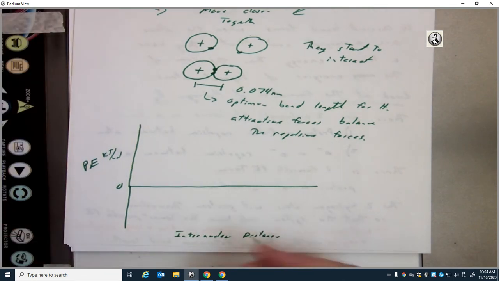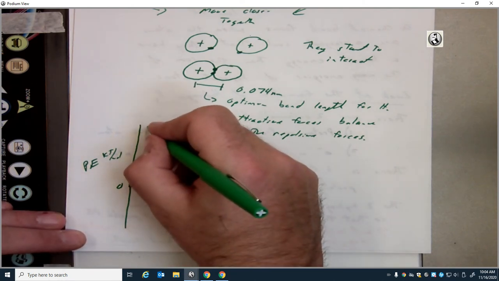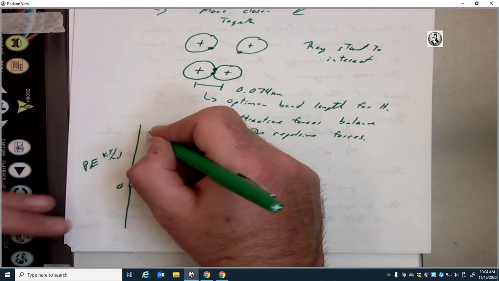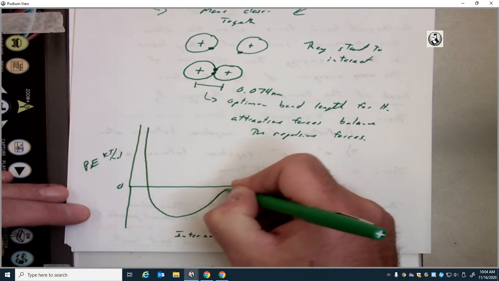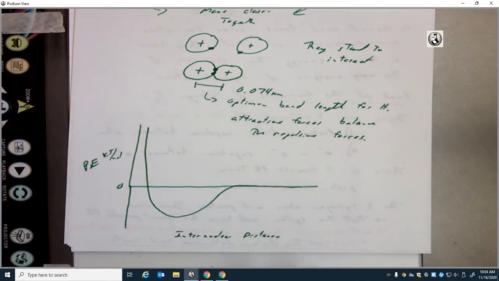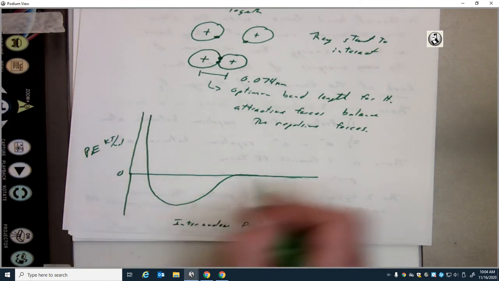When we're forming a bond, the curve generally looks something like this. Now, let me explain what we're seeing.